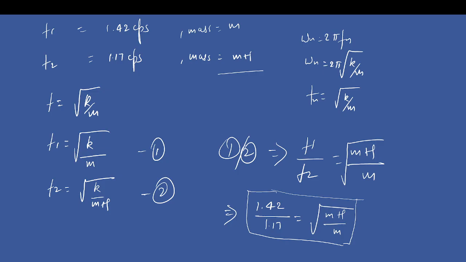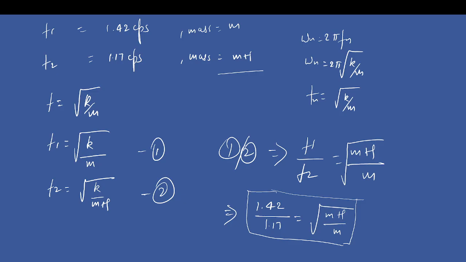Sir, 1.47 equals m plus 1 upon m. So 1.47 m equals 1 plus m.